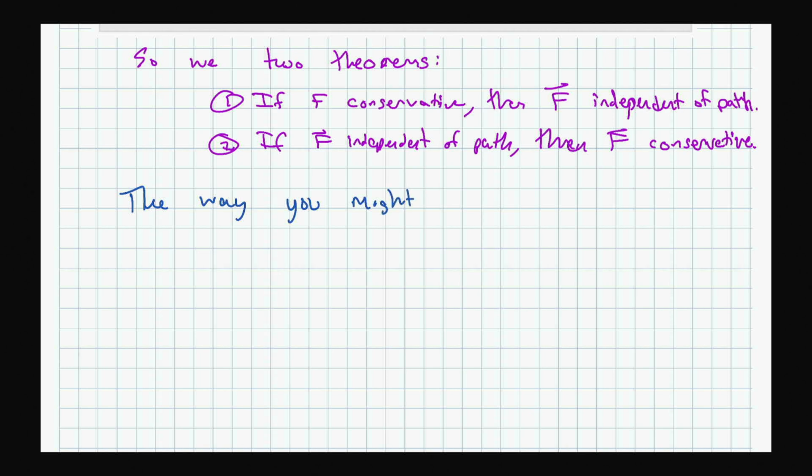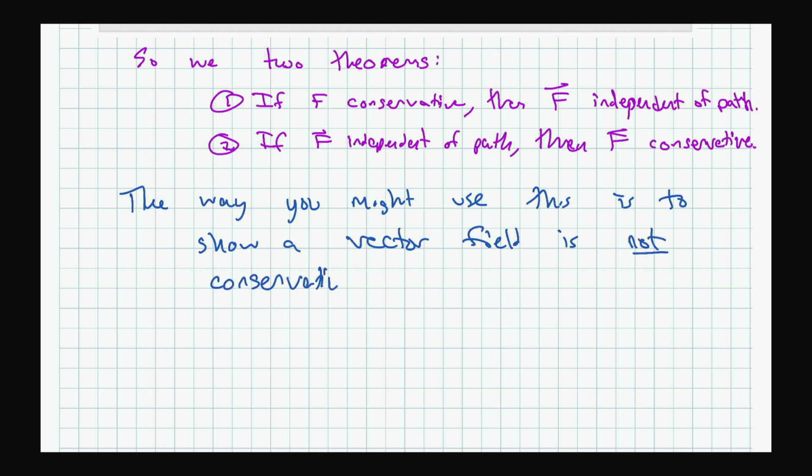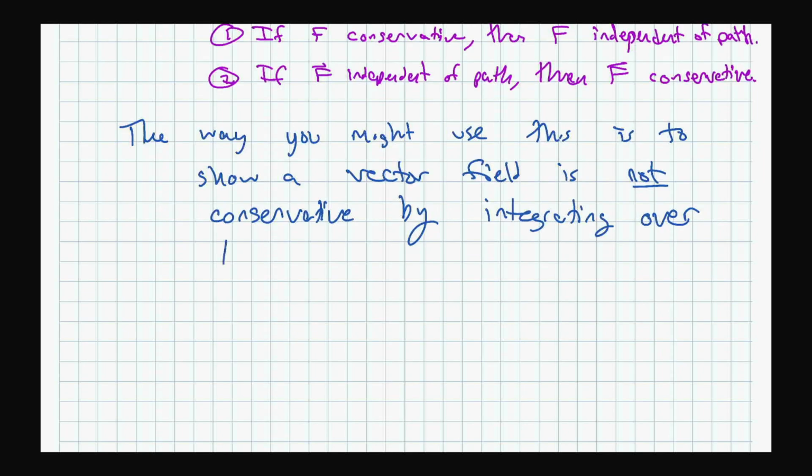The way you might use this is to show a vector field is not conservative by integrating over two curves with the same starting and ending points, and getting different values.